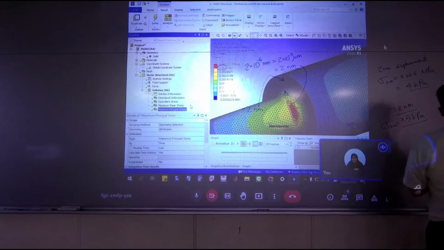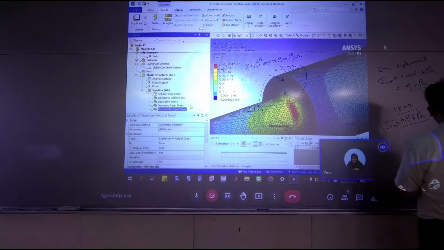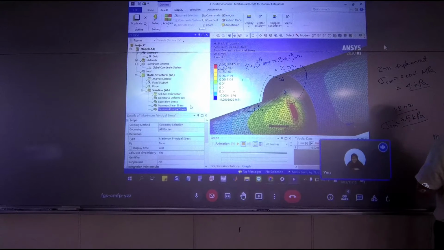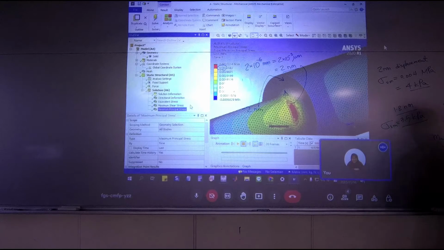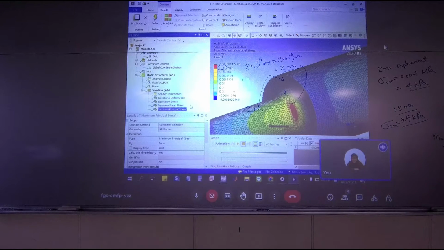Yes, 2. So your safety factor would be 2 times this, and this equals around 3.8. Okay, this will be your safety factor.